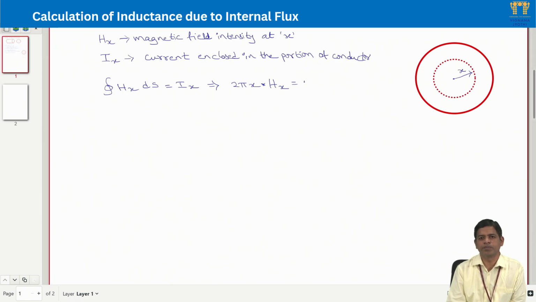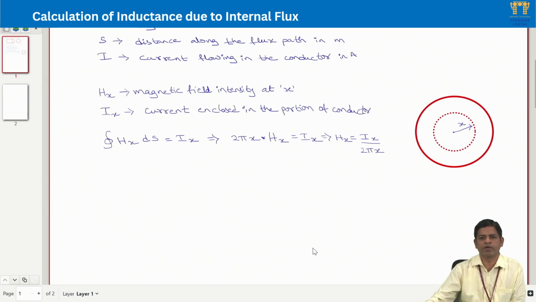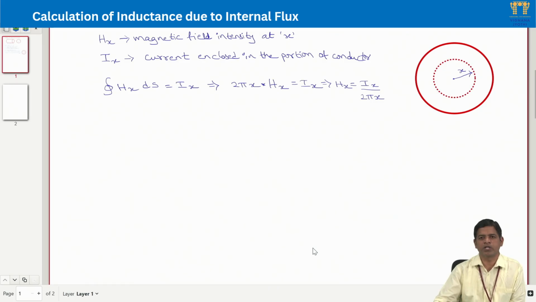This will be equal to Ix. This implies Hx is equal to Ix by 2 pi x. Right? So let us give some equation number to this. So already we have given equation number 1. So let this be equation 2.